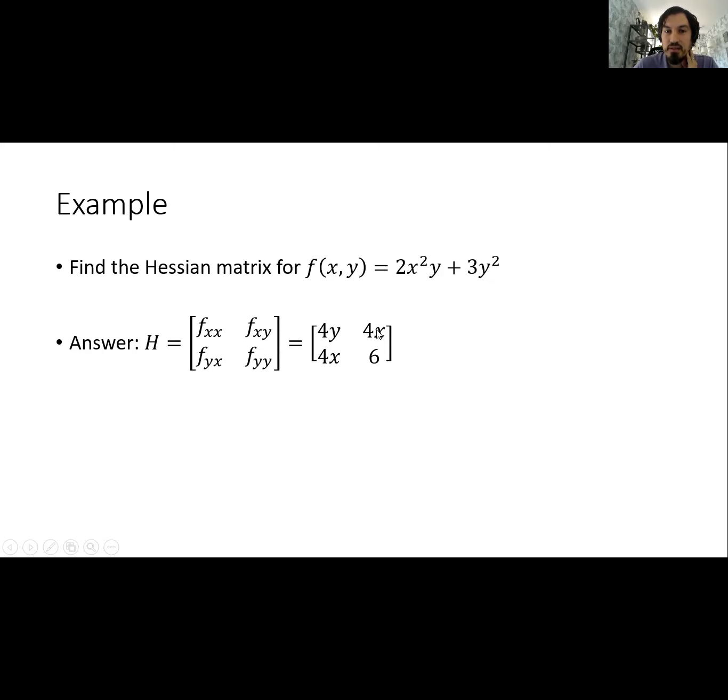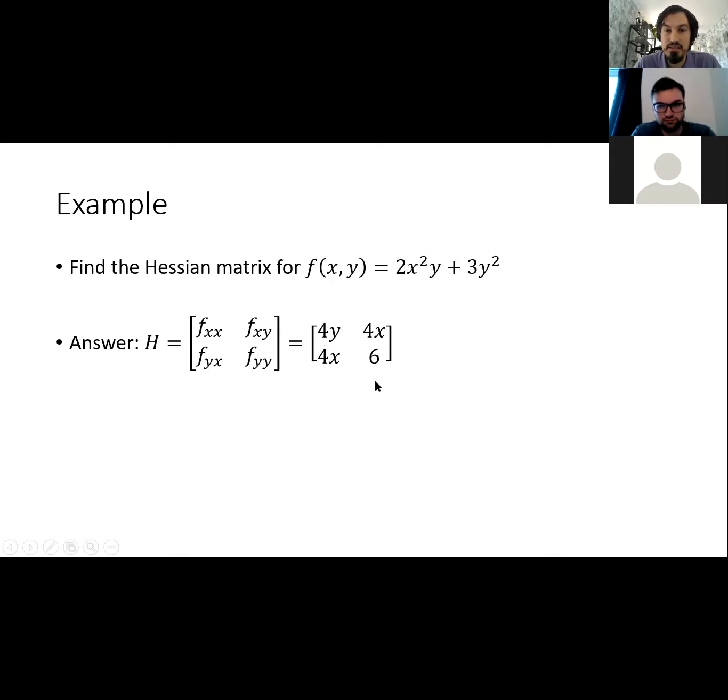You get 4x for these cross partials, and you get 6 for fyy. We did that last lecture. So ask me if you have a question about how you get here. Does anybody have a question over how we get to this matrix right here? Nobody said anything. Let the record show there was no question asked.